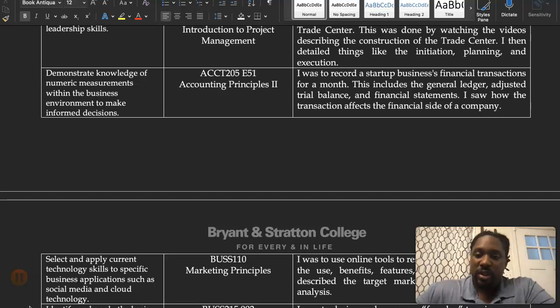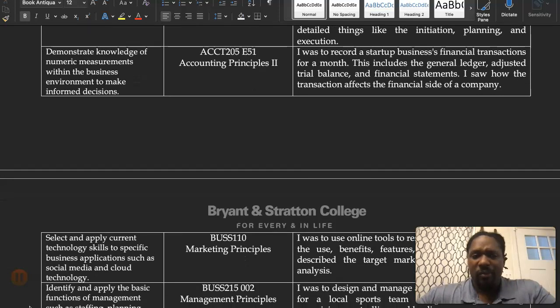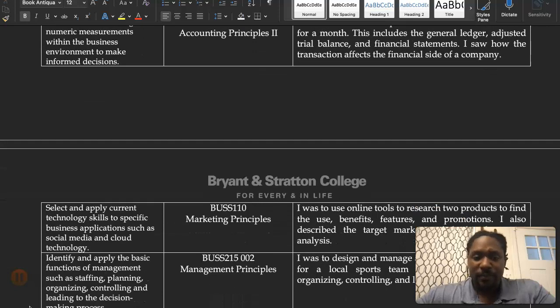This includes the general ledger, the adjusted trial balance, and the financial statements. I saw how the transactions affect the financial side of a company or a business, and help me to decide what needs to happen.